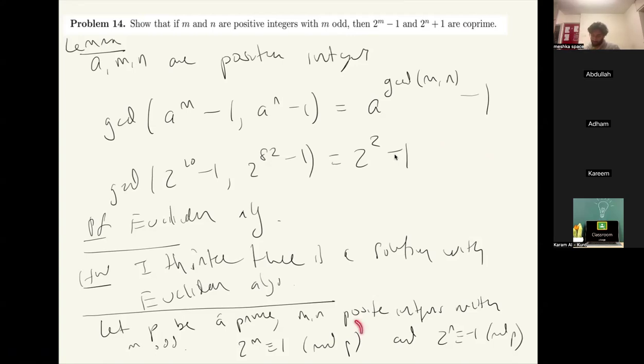Okay, so what is this really saying? These m and n have nothing to do with each other. What does it mean to say that there's an odd number m so that 2 to the m is congruent to 1 mod p?